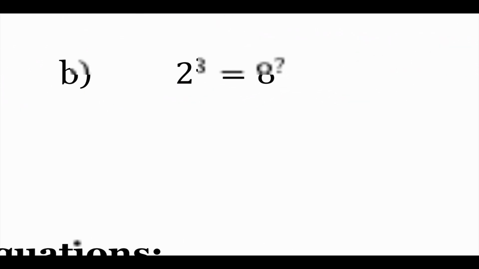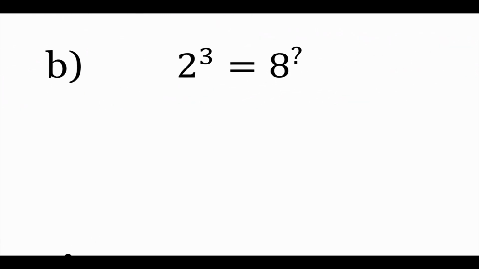But then you get to a question like B, where they don't have the same base. 2 and 8 do not have the same base. We're going to have to be a little creative today. Is there a way I can change 8 so that it has a base of 2?